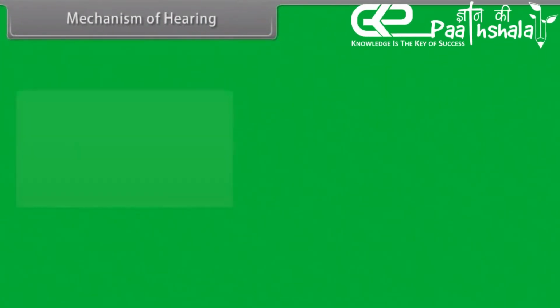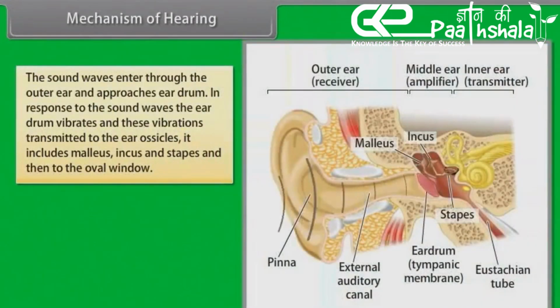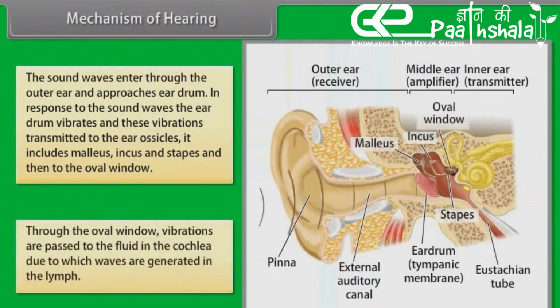Mechanism of hearing. The sound waves enter through the outer ear and approach the eardrum. In response to the sound waves, the eardrum vibrates, and these vibrations are transmitted to the ear ossicles, which include the malleus, incus and stapes, and then to the oval window. Through the oval window, vibrations are passed to the fluid in the cochlea, due to which waves are generated in the fluid.